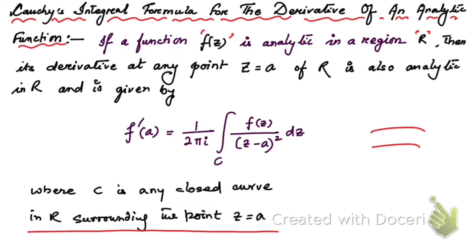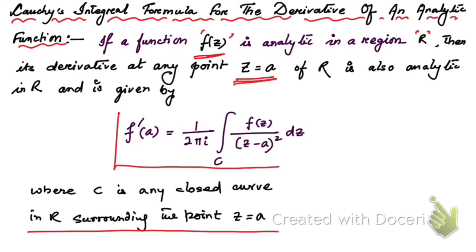So the derivative at the point z equal to a is given by this formula. Let us prove this.